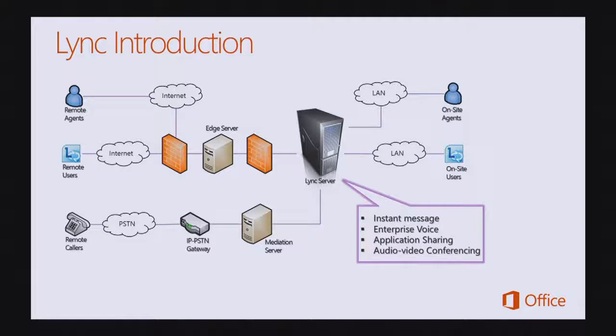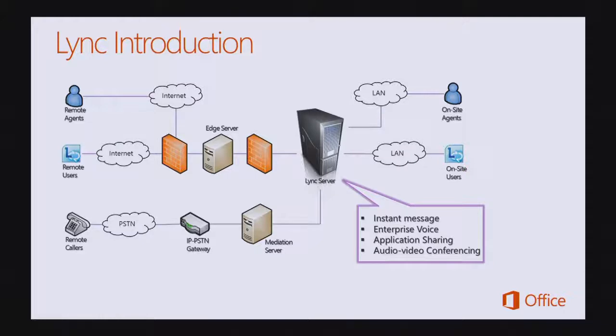And the phone can also join the Lync conference meeting. How can we make this work? This is how our phone joins our Lync server. Typically, most phones use the PSTN network, so we need the IP PSTN gateway to give the phones access to our server.